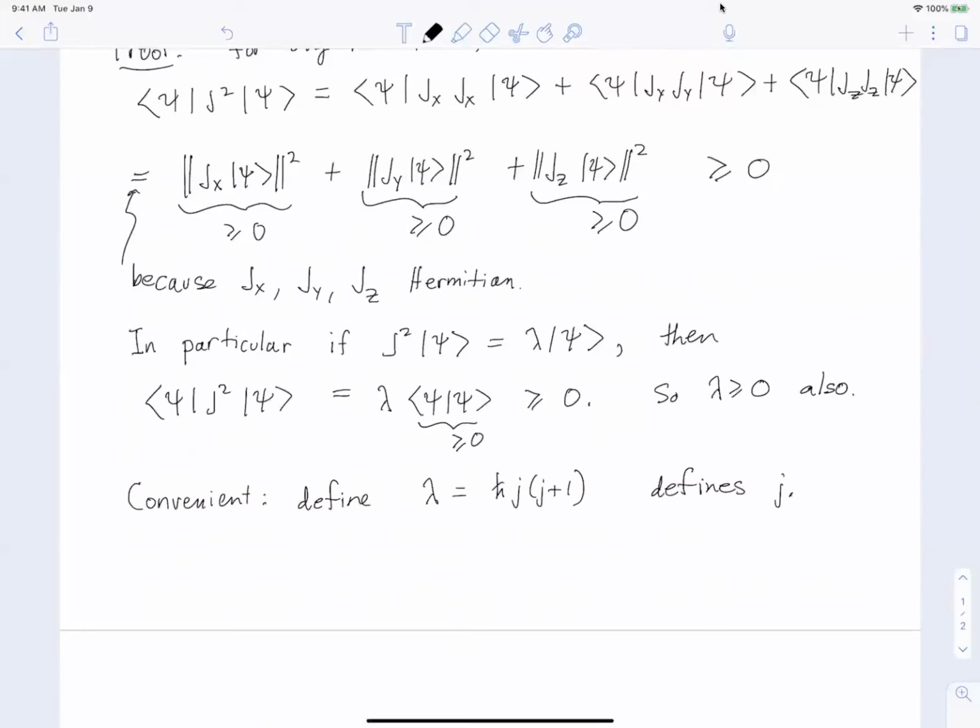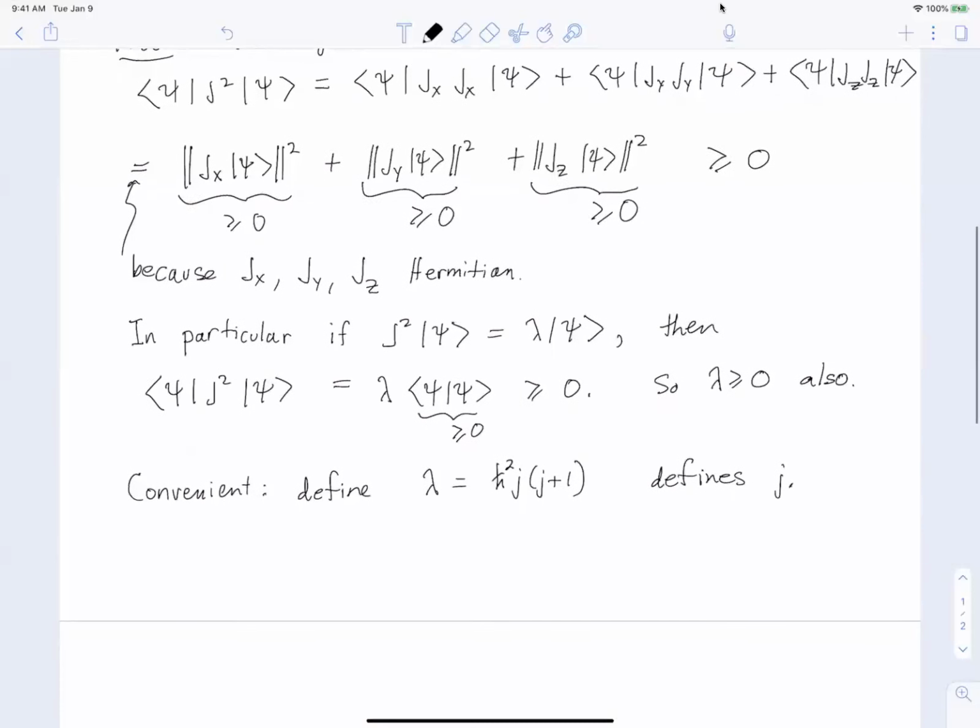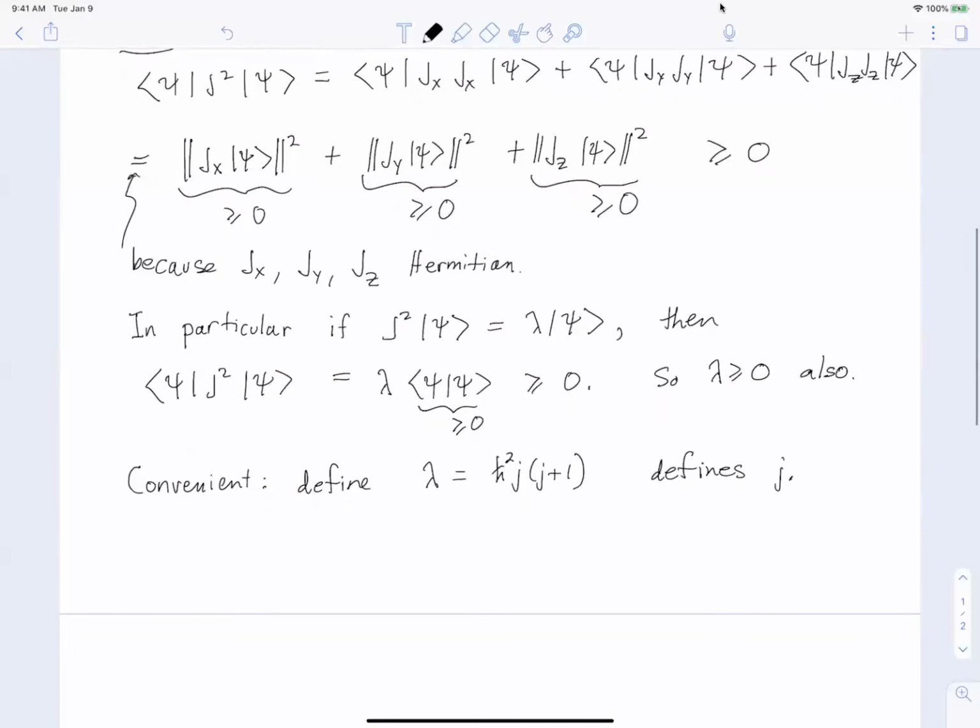We're defining j for an eigenstate of j squared in such a way that the eigenvalue is h bar squared times j times j plus 1, which I'm kind of pulling out of my hat at this point, but that's because I know where we're going, and I know that it's going to work out nicely. So if we do make that definition, then we learn the following things.